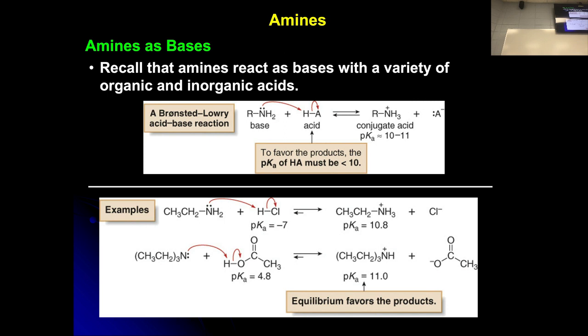So how would you go about naming it? If the functional group is an amine, how do you think you'd name it? Amino, okay. So how would you name it? Aminoethane. You just name it as aminoethane, okay?